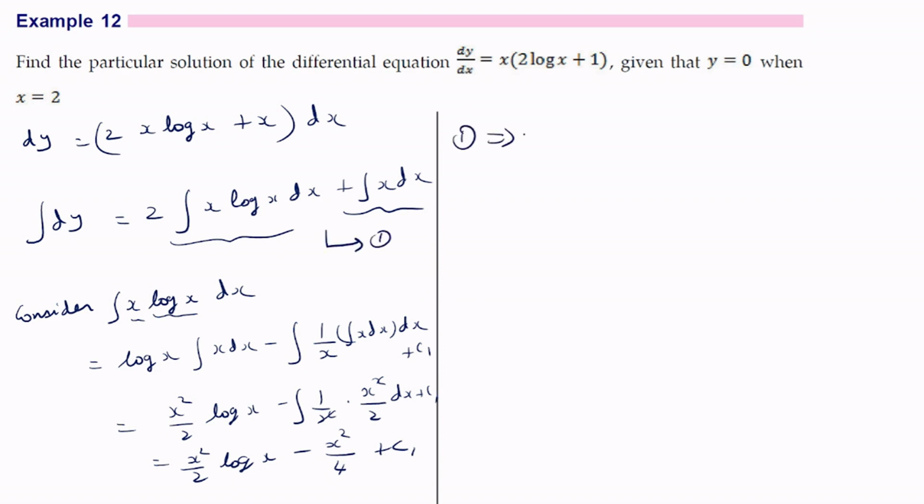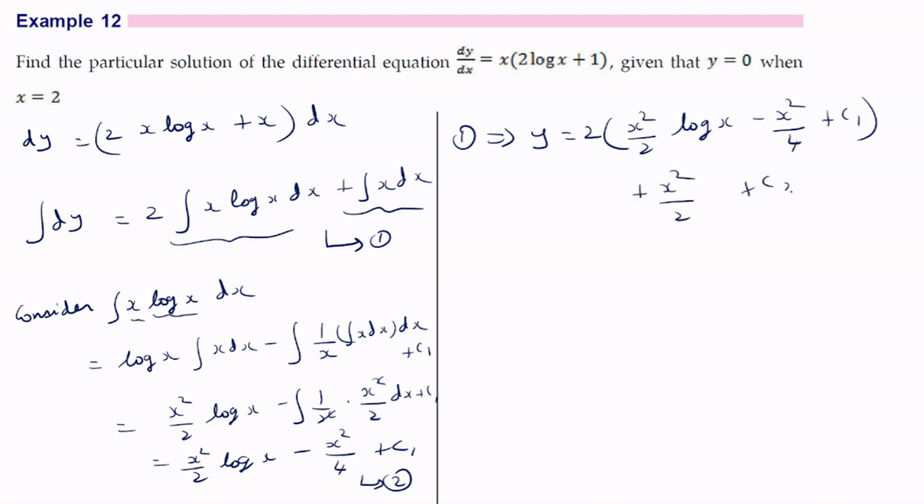So from 1, integral dy is y equal to 2 into, for integral x log x dx, we got this, x square by 2 log x minus x square by 4 plus c1, plus integral x dx is x square by 2 plus c2.